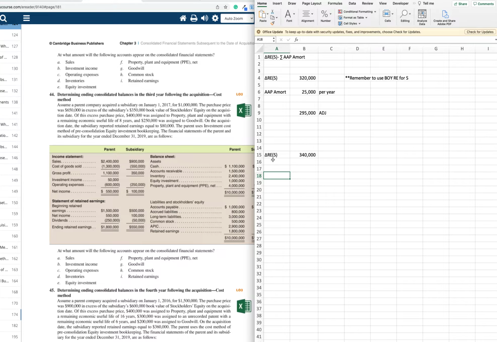So let's do it for each item separately. So first we'll do the PPE, and we'll just do it per year. And so it was 16 years. So we'll say 400,000 divided by 16, so 25,000 per year. Then we have to get the patent per year, and that was 300,000 divided by 6 years.